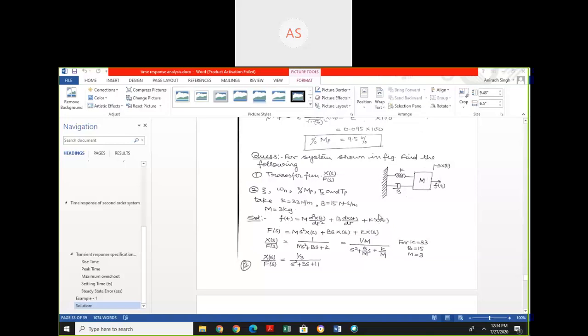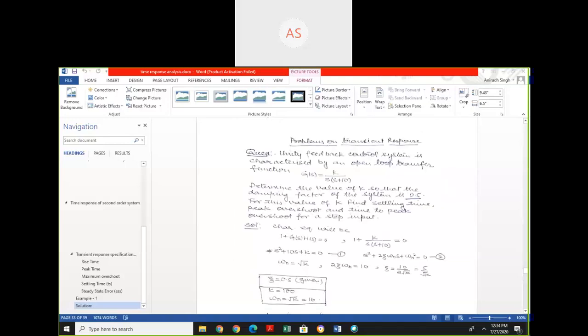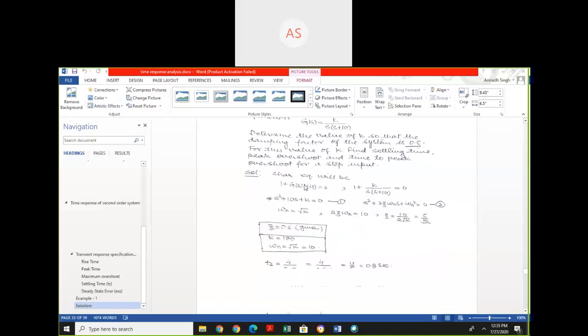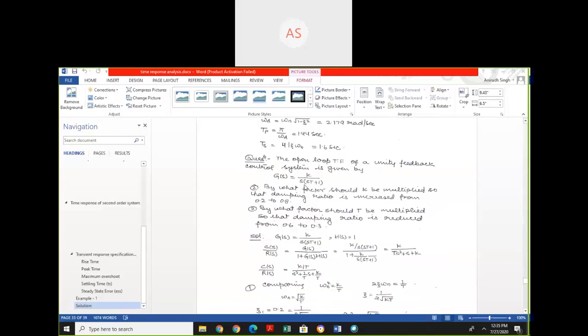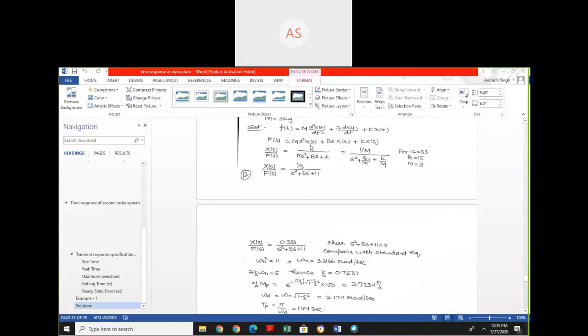Then take the Laplace transform: F(s) is equal to m s square X(s) plus b s X(s) plus k X(s). Then X(s).